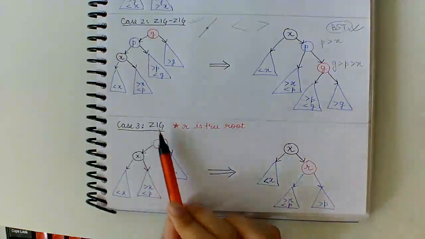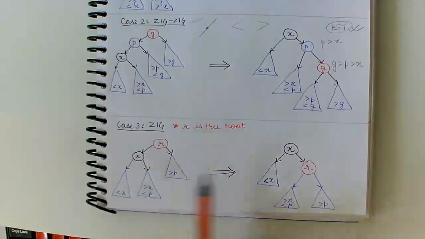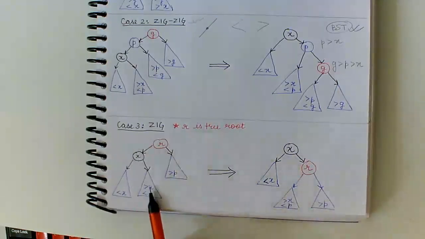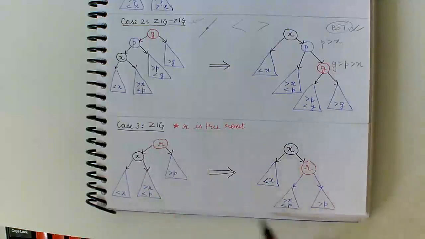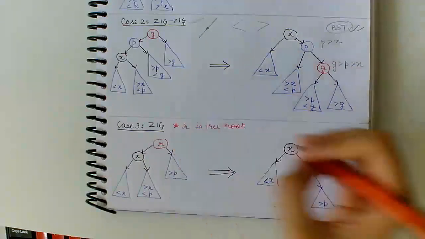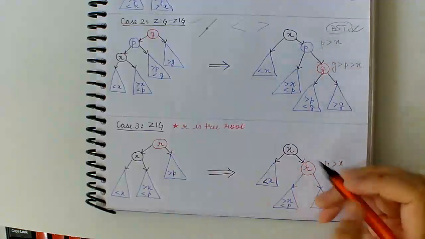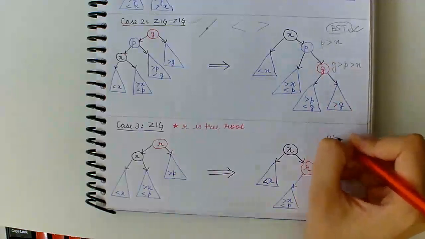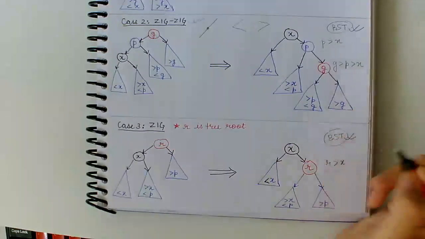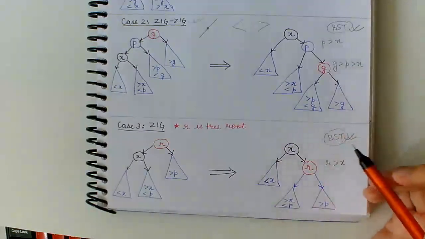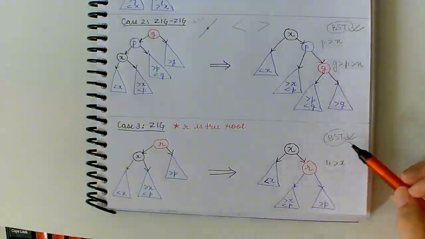So x is only one level down, so zig-zag and zig-zig are not possible, so we perform just a single zig operation. So x becomes the root of the tree and x's right child becomes r's left child. As you can see, r is greater than x, so it becomes its right child, and this also satisfies the BST property.